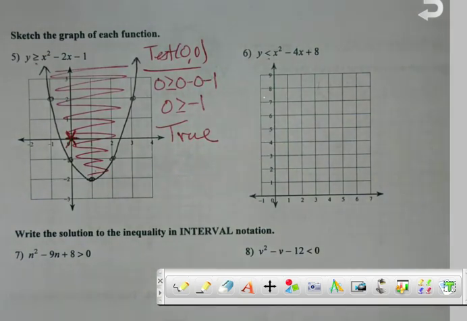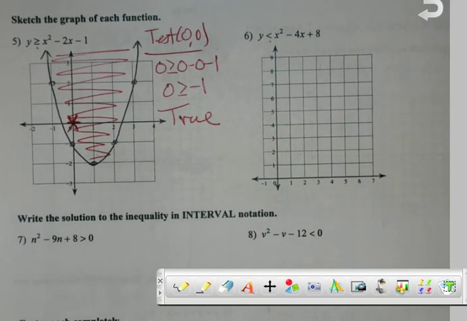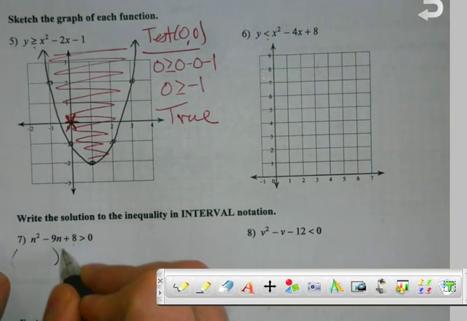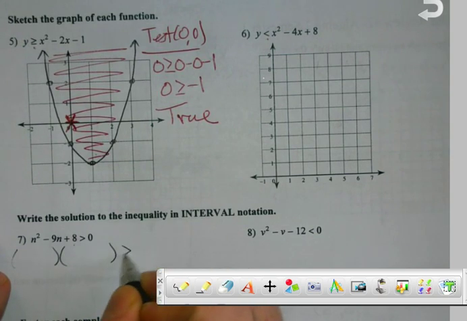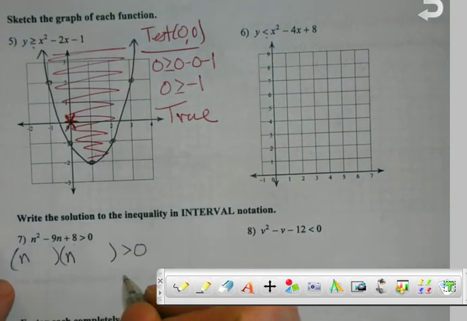And then going along with it, because we always want to have all these tools available, for 7 and 8, inequalities, but no graphs. So, I need to factor this. What multiplies to positive 8 but adds up to negative 9? And yes, it is doable.